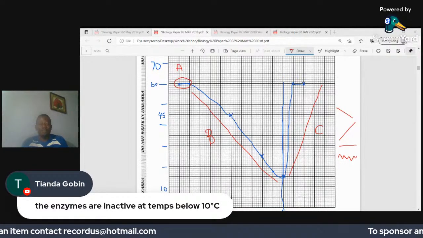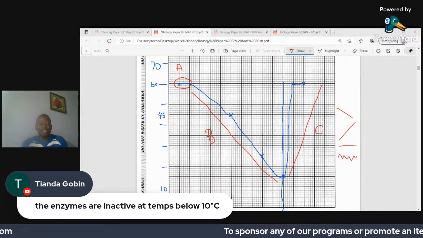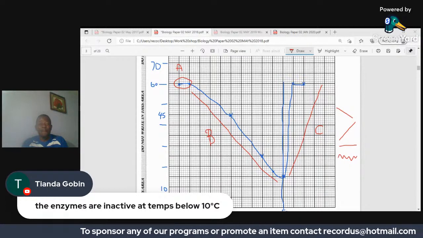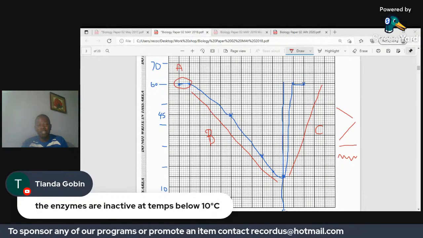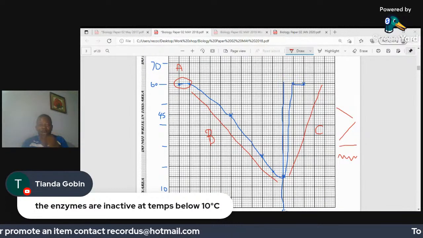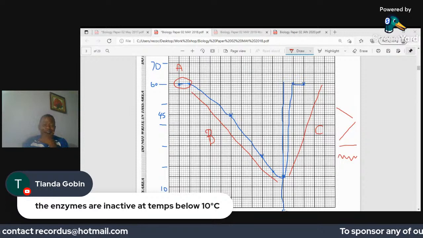Let's look at that. The enzymes are inactive at temperatures below 10 degrees Celsius. But Gobbin, let us look at what is happening here. This is not below 10 degrees.